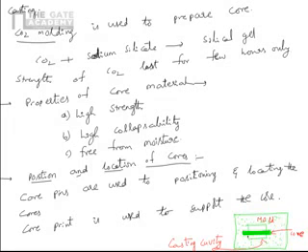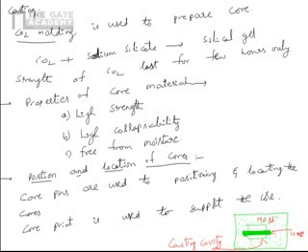As we discussed, the purpose of the core is to prepare hollow sections, especially internal cylinders, a cylindrical shape. To get the cylindrical internal hollow section, we use a core. So the core print is this area.